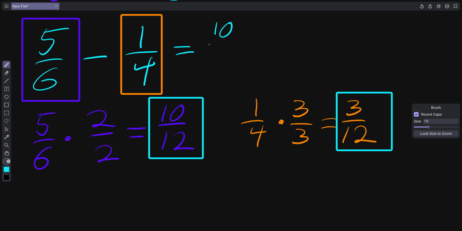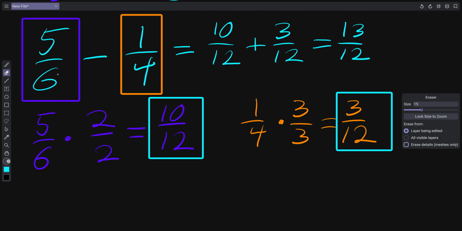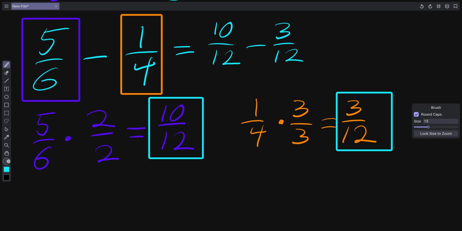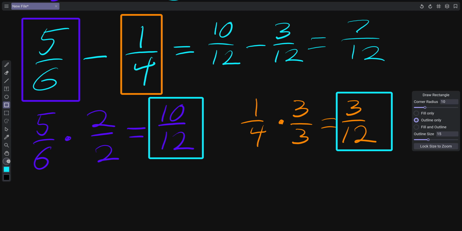We would take 10 over 12 and add 3 over 12 to it. This would give us 13 over 12, and this can't be simplified any further, so this is our final answer. Actually, wait, I made a mistake because we were subtracting, so we don't want to do that. Instead, we want to subtract them. So this would give us 7 over 12 as our final answer, and again, that can't be simplified, so it stays that way.